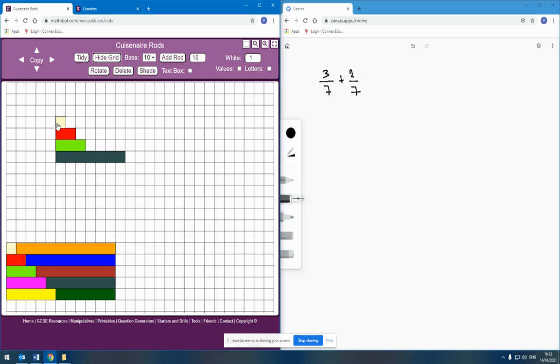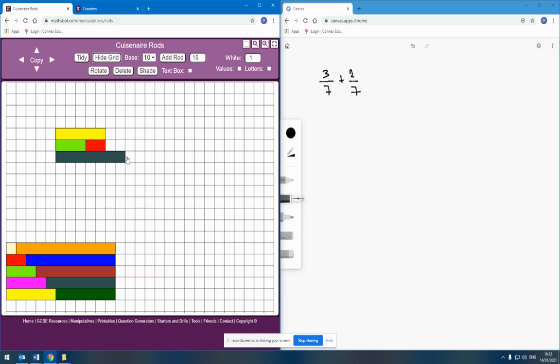And so now if I want to consider adding these things, well, adding lengths like this just means connecting them. So I can take my fraction that is 3/7 and I can connect to that a fraction that is 2/7. And therefore, what is the total length of the number I've created? Well, we can see it here if we put the yellow rod next to it, it is equivalent to 5/7.